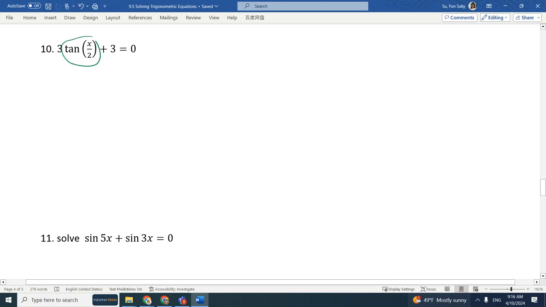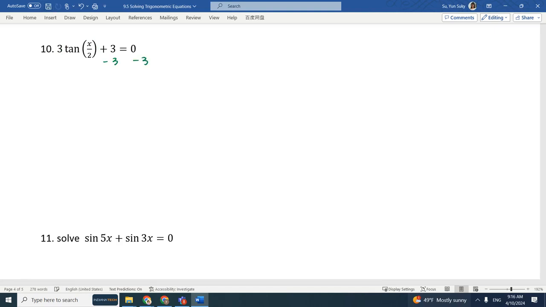Leave the expression here. And how do you solve for it? Subtract 3. Exactly. So 3 times tangent of x over 2 is negative 3. Right, everybody? And then divide by 3.